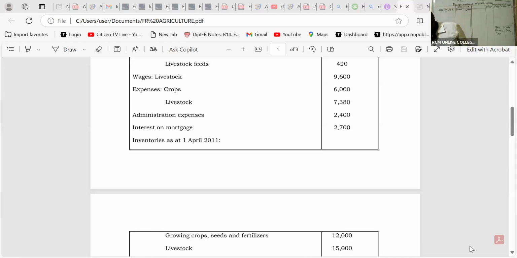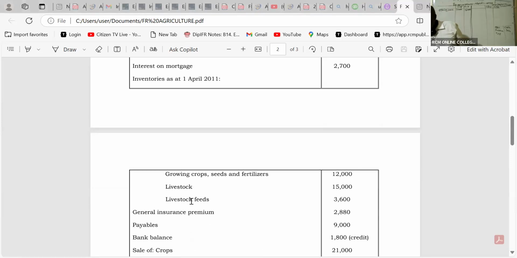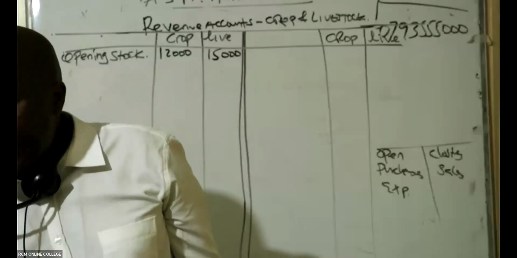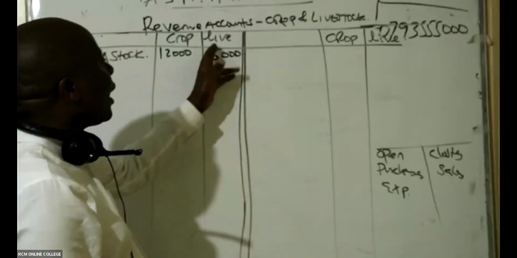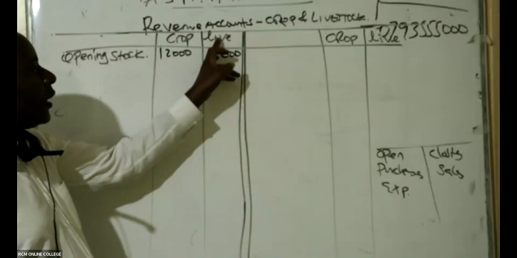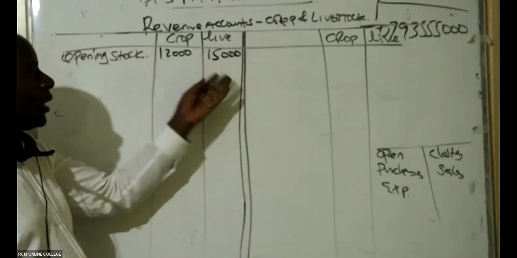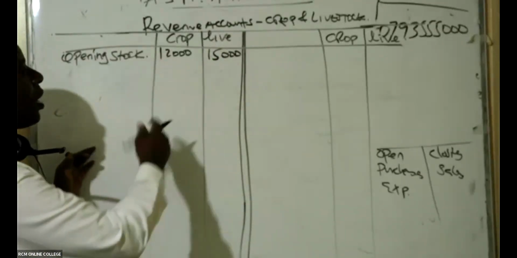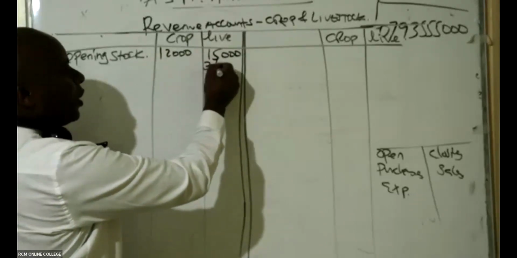And if you look at this very keenly, ladies and gentlemen, you'll see opening stock of livestock feeds. In this case, I can see 3,600. That can only come under opening stock under the livestock. It can't be put under crop. It's very specific to the livestock. So then we have here 3,600.